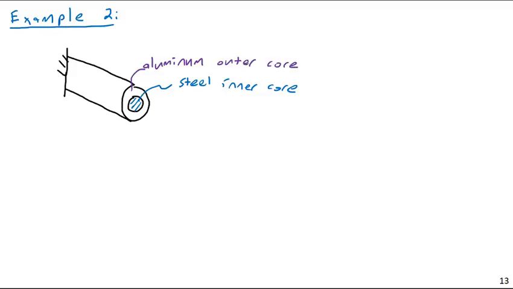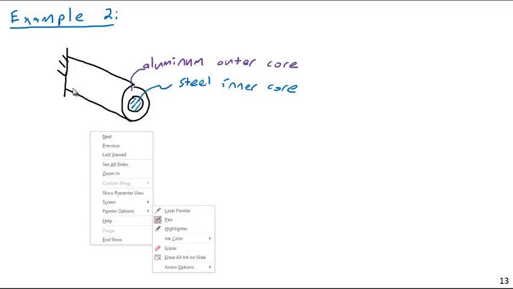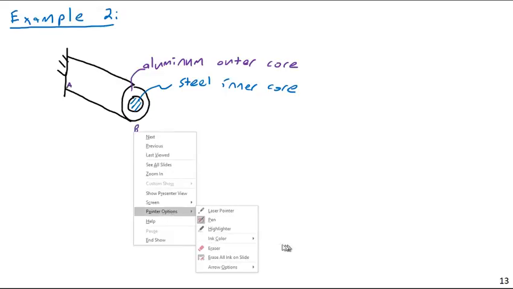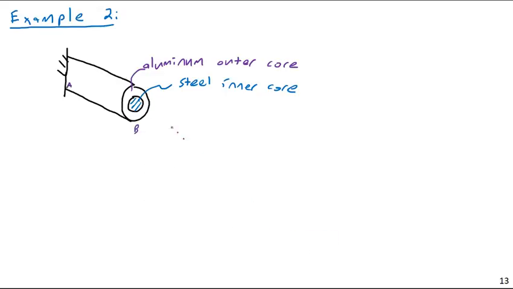All right. So let's see. I'm going to need to label some points. I'm going to call this A and B. I need to tell you a load. So this is going to be 120 kip-inches.